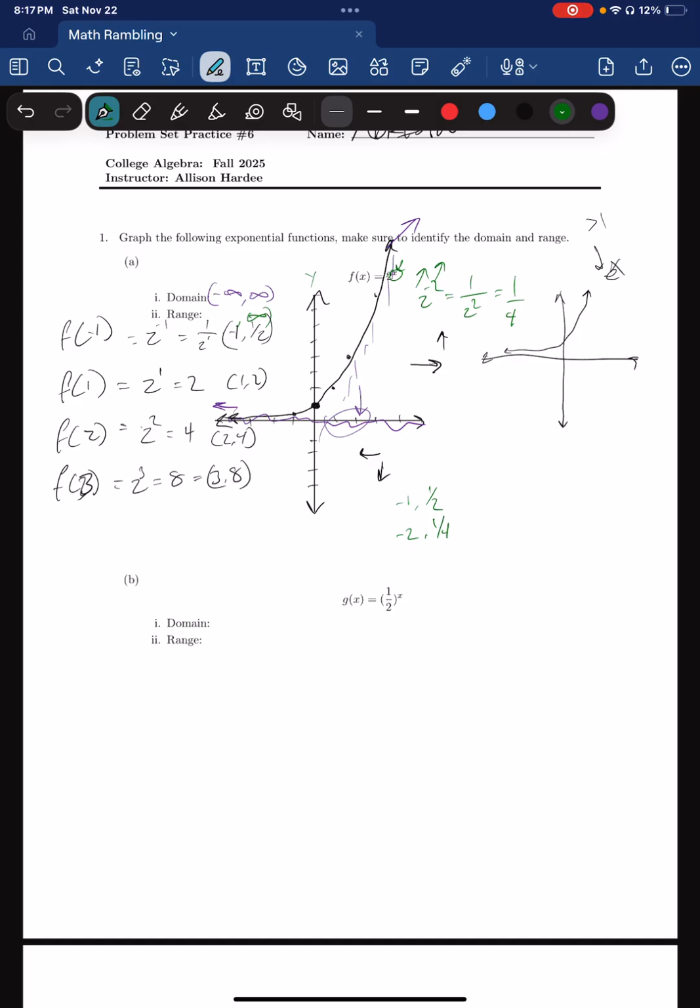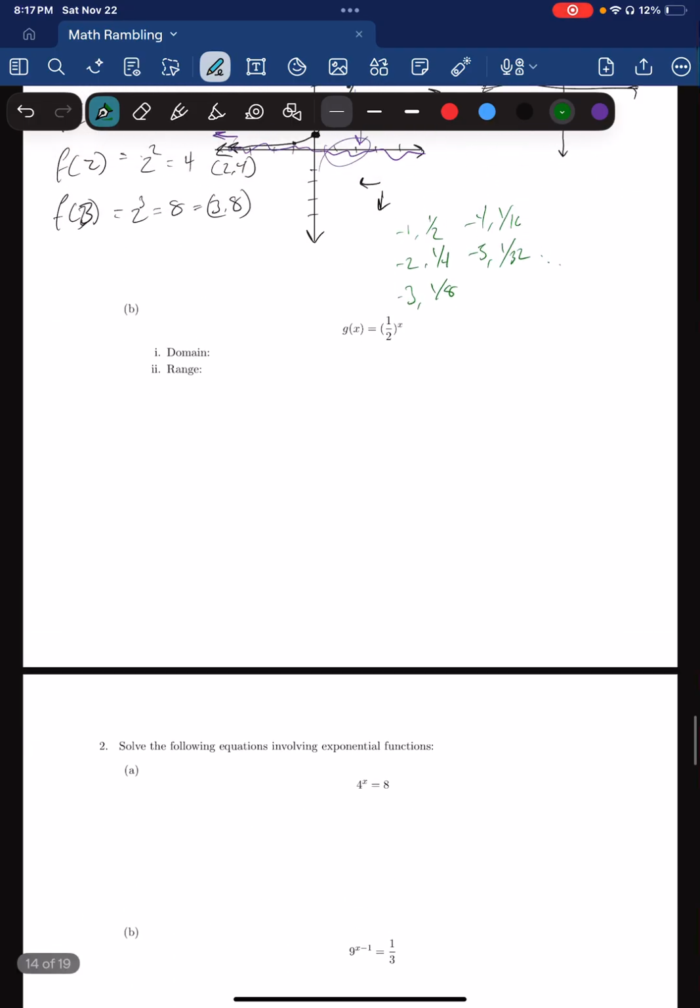If we put in -3, we're going to get 1/8. -4, we're going to get 1/16. -5, we get 1/32. As you can see, these are getting smaller, but they're never going to be 0 or even less than 0. So I'm going to say from 0 to infinity. Okay, awesome possum. Let's move on.